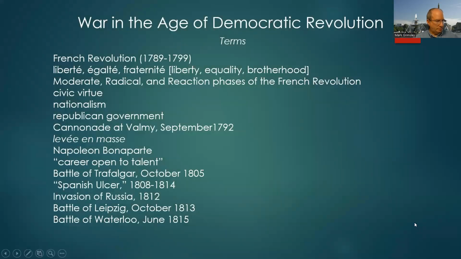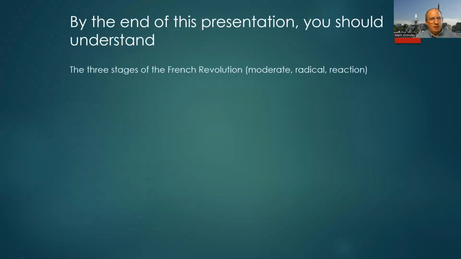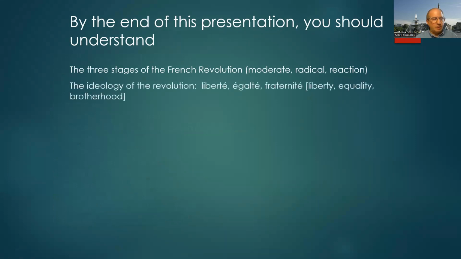Okay, there we are. Here are the terms for today's lecture. By the end of this presentation, you should understand first the three stages of the French Revolution. Secondly, the revolutionary values of liberty, equality, and brotherhood. Next, the fragility of republics.